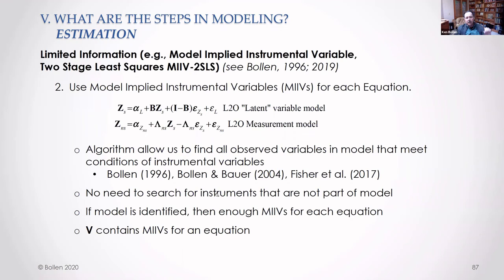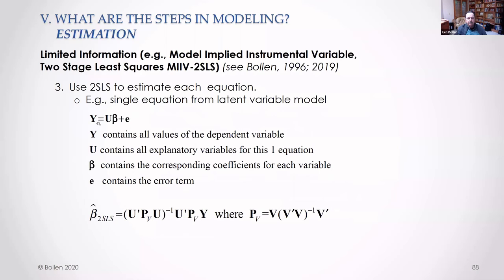Again, we're dealing with one equation at a time. We have algorithms to determine what are the model implied instrumental variables for every equation in the system. And we can collect together all the instruments for a given equation in a matrix we'll call V. So this V contains the model implied instrumental variables for an equation. Here is a single equation.